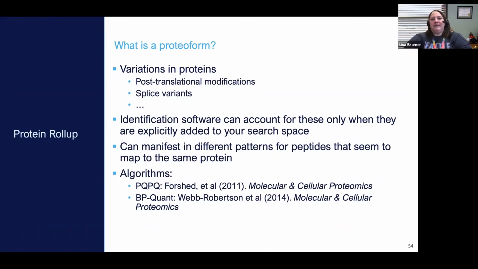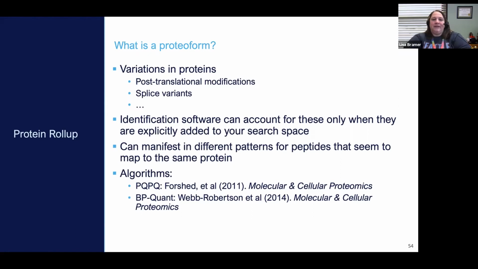In order to identify these, there are some software programs, like MaxQuant or other software like that, that can explicitly search for these, but in order to do that, you have to explicitly add them to your search space or your FASTA file.